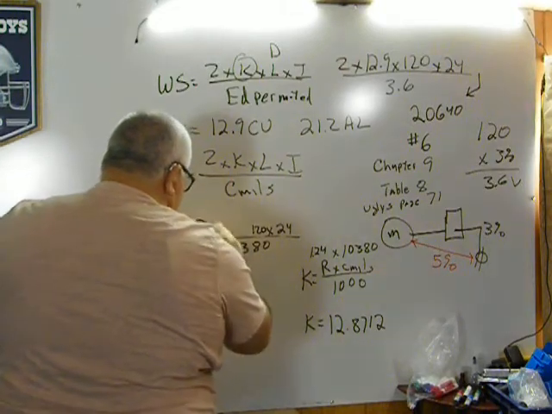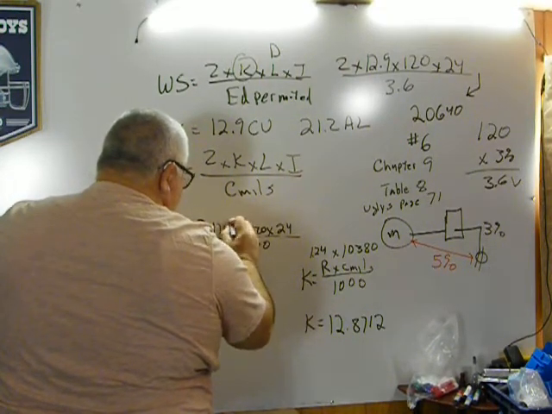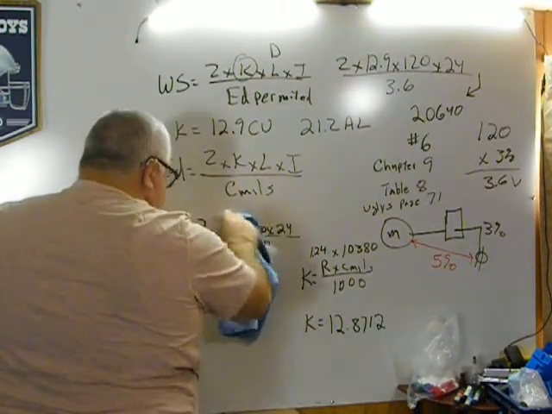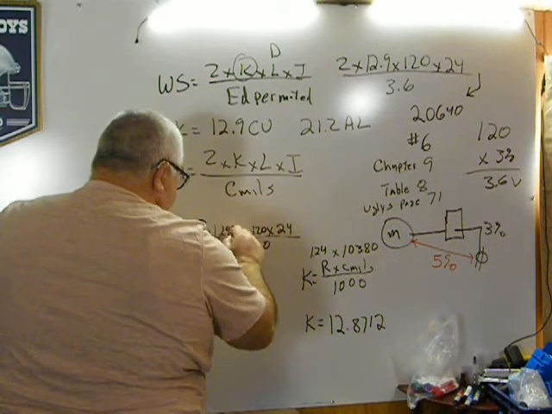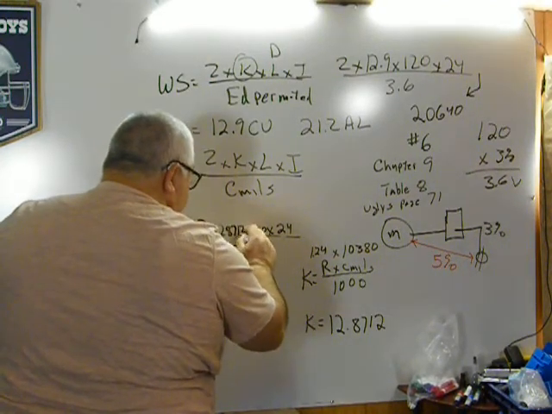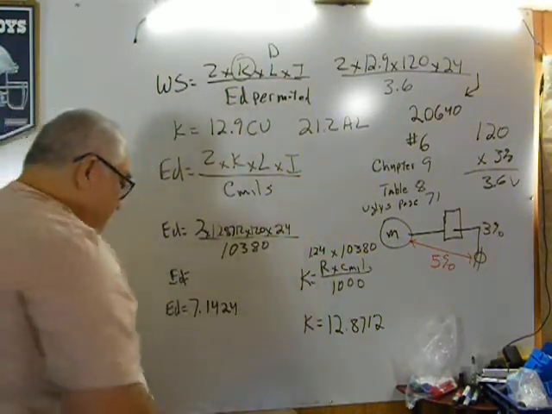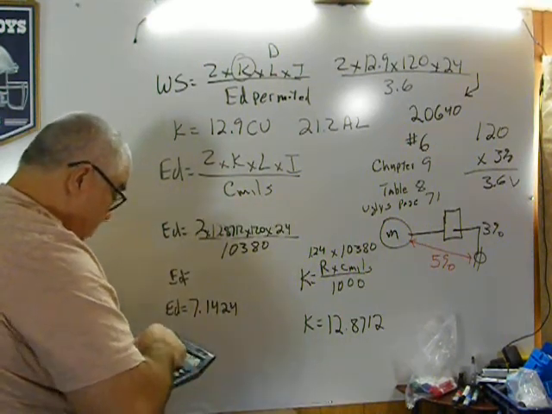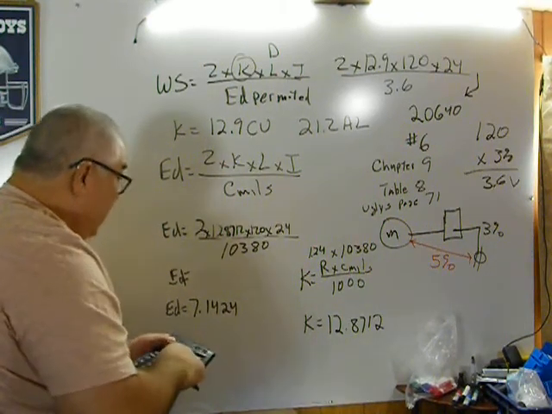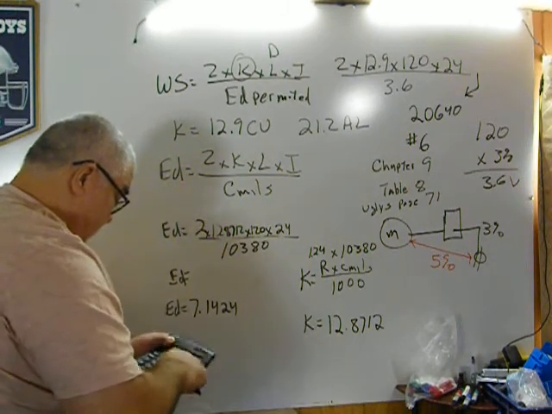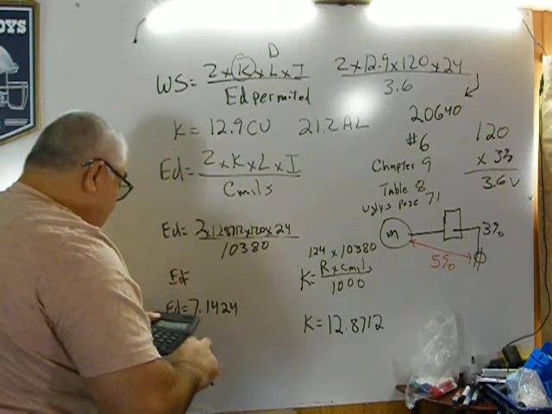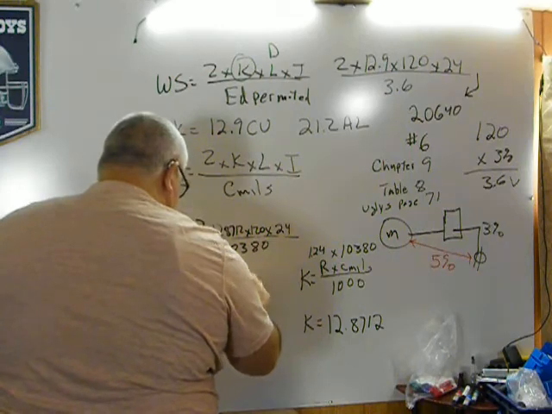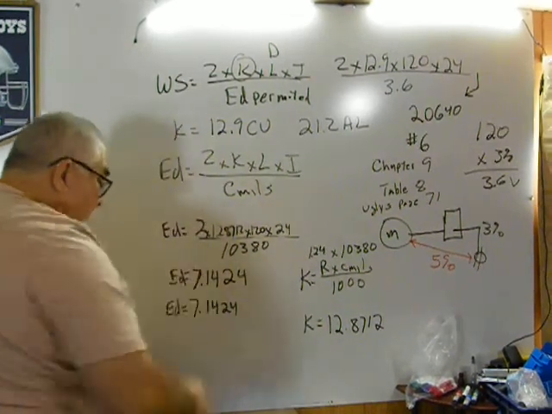So it's 12.8712 times 2 times 120 times 24, divided by 10,380, and the voltage drop equals 7.1424. So now we have an exact.